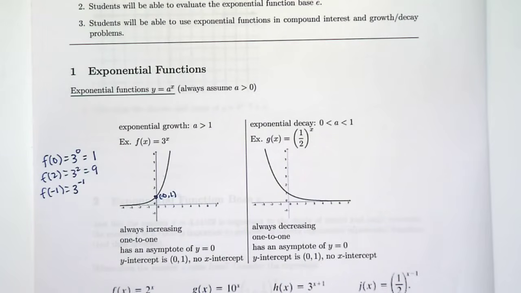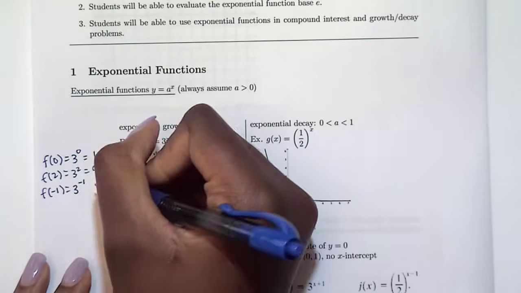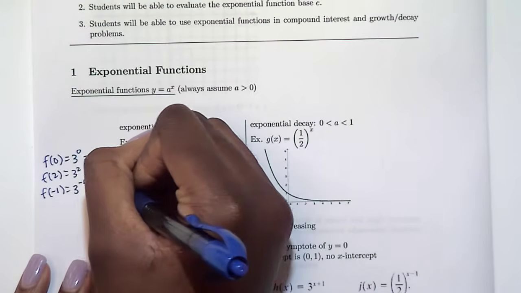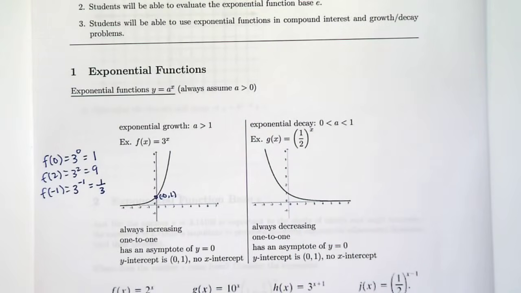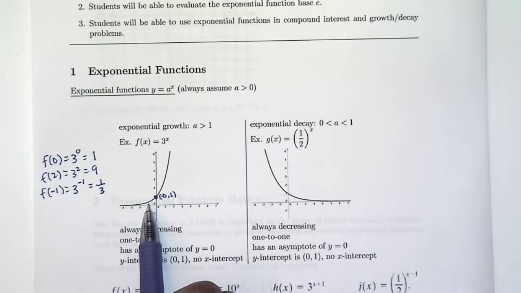Whenever you have an exponent that's negative, that means our number is actually in the wrong position. It means that this 3 should be in the denominator. So this is the same thing as 1 divided by 3. When you plug in negative 1, you should get something really small, like 1/3.